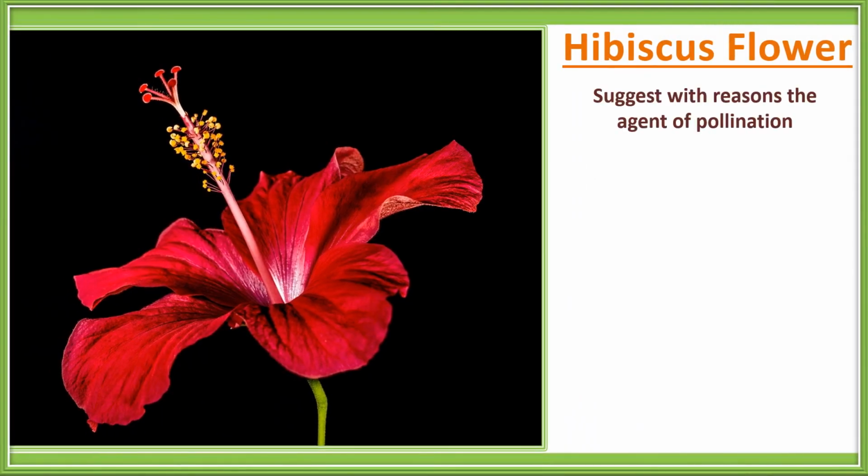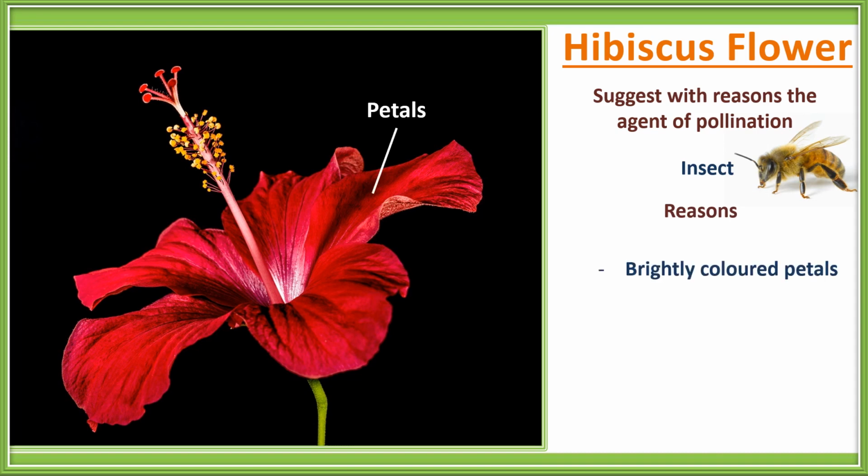Let's now try to suggest with reason the agent of pollination. What do you think is the agent of pollination? Their agent of pollination are insects. Reason is that they have brightly colored petals, meaning that they can easily attract the insects.